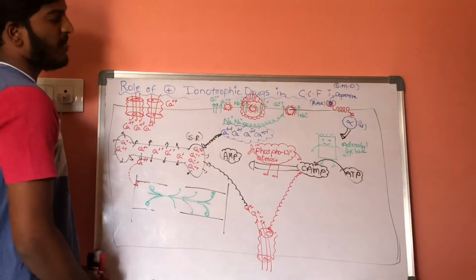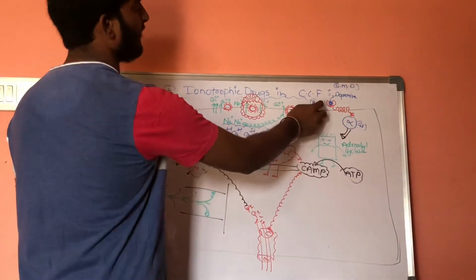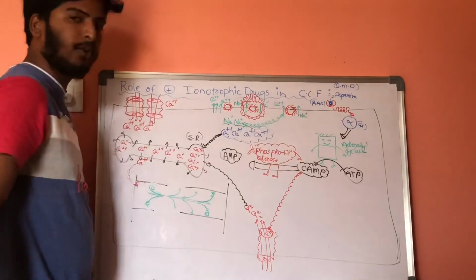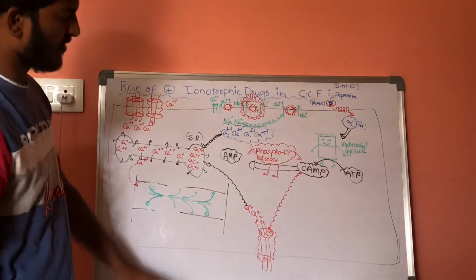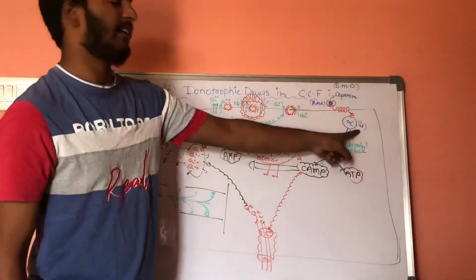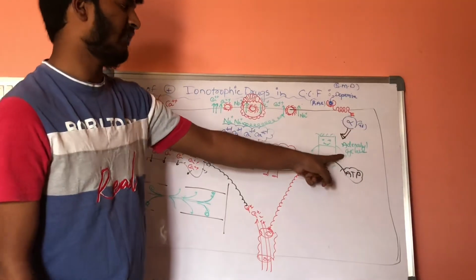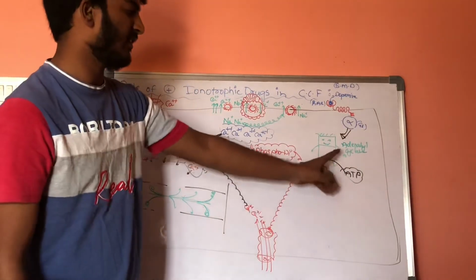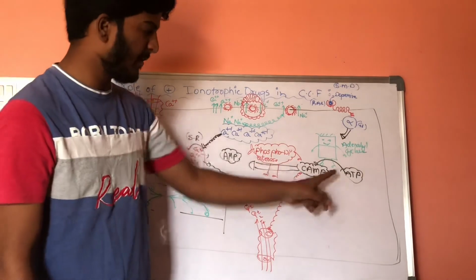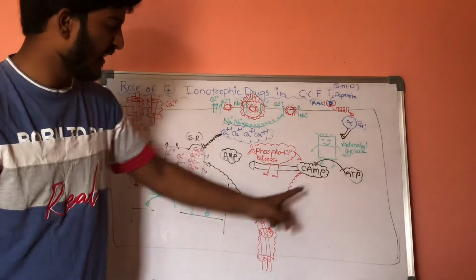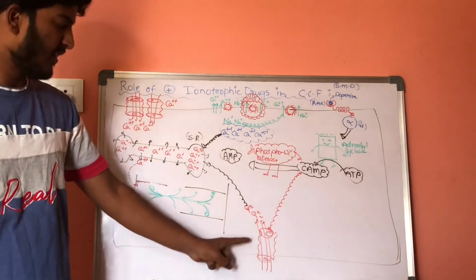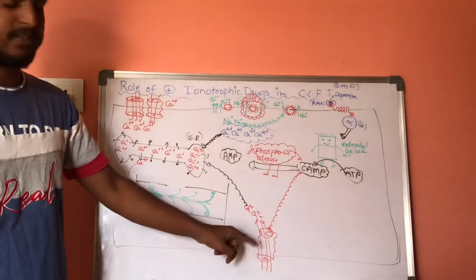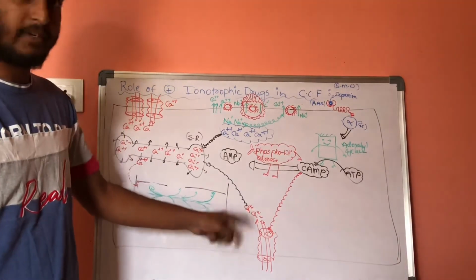So in this way, dopamine and dobutamine are useful in increasing the calcium concentration by activating the G stimulative protein. It will activate adenylyl cyclase. This adenylyl cyclase will convert ATP into cyclic AMP. This cyclic AMP will activate the voltage sensitive calcium channels. Whenever these are activated, calcium influx will take place.